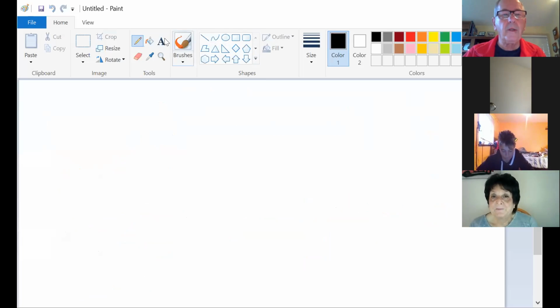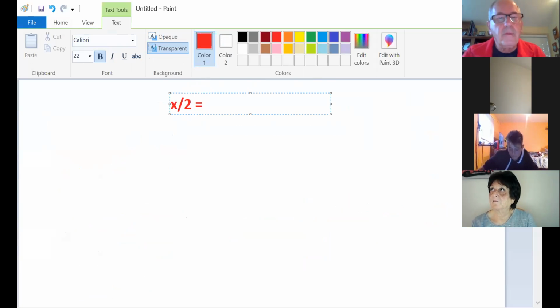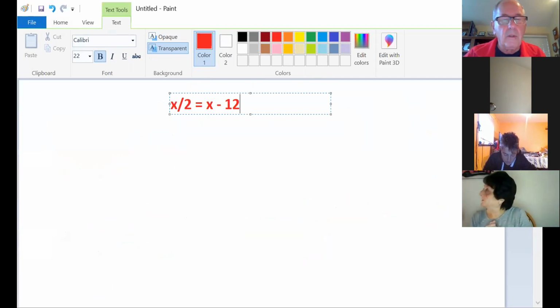When you ever talk about a number, you turn it into a variable, right? A number, or x, divided by 2, it says it's equal to the difference between the number and 12, right? I can't remember what it says exactly, but you can model it like x minus 12.